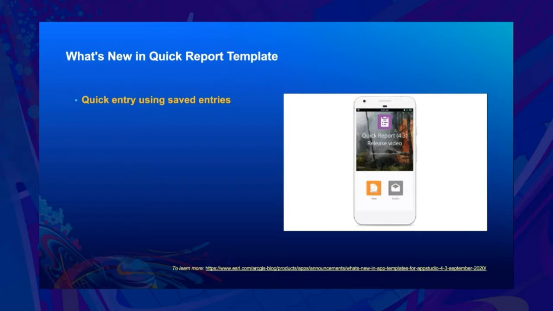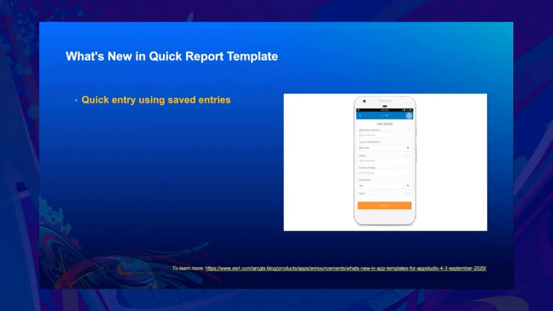When entering the value for the first time, you will get an option to save those entries. Once saved, those values can be retrieved locally for the next set of data collection and reports. This saves a lot of time and effort when collecting features multiple times which have similar values.